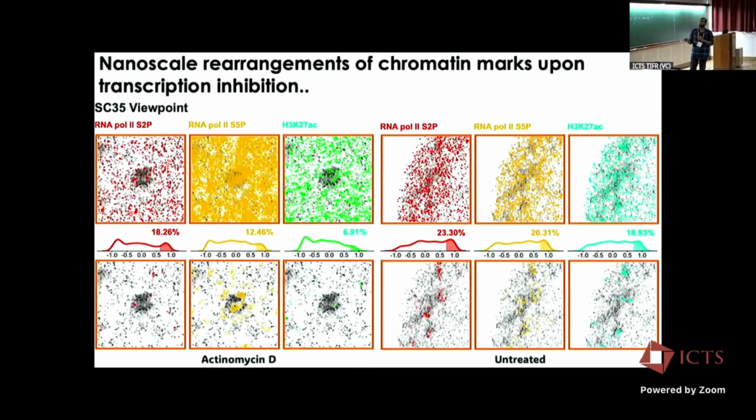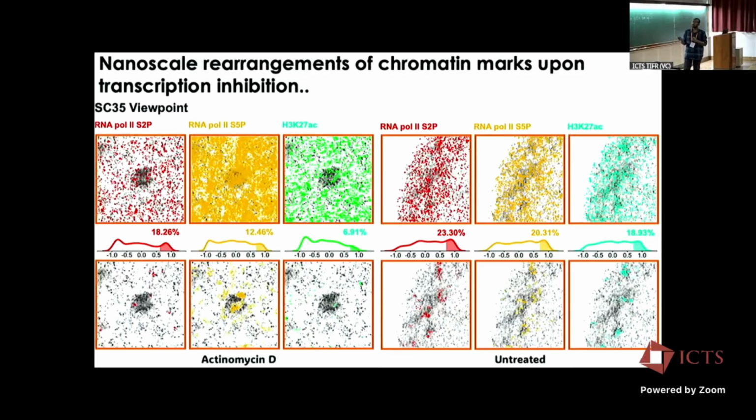So what we are looking at is RNA-Pol 2 serine 2 phosphorylation, which is the elongating polymerase, RNA-Pol 2 serine 5 phosphorylation, which is the polymerase carrying the initiating mark, and then the euchromatin mark, which is H3K27ac. If you are looking at these three different proteins from the point of view of the nuclear speckle, there are a couple of things that we can see. The shape of the speckle is now more rounded, compared to the amorphous distribution in untreated cells.